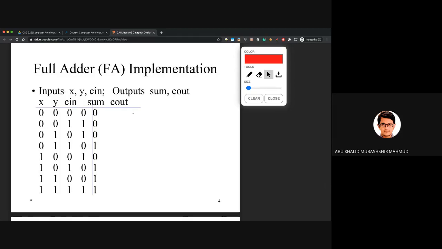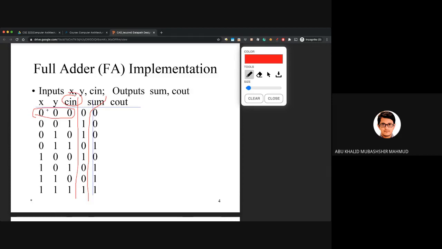So what happens here? Let me first tell you, this input is carried over to the output. When we have three inputs, a carry input and an extra input, which can each be 1 or 0, what happens then?